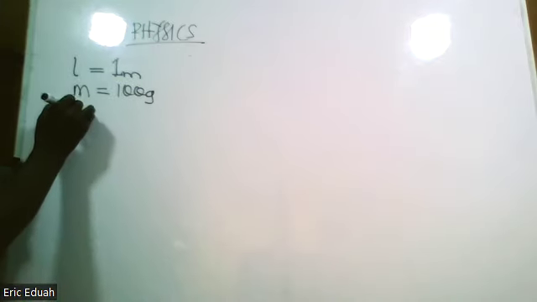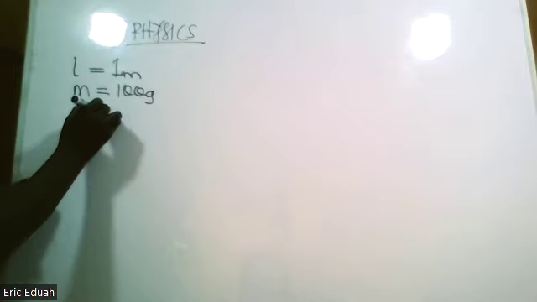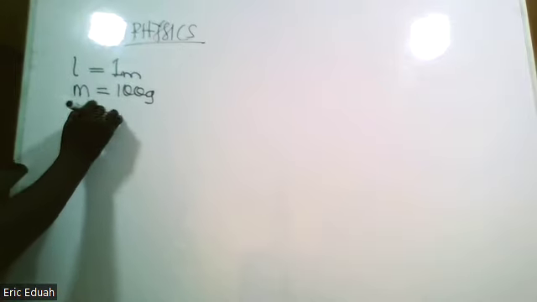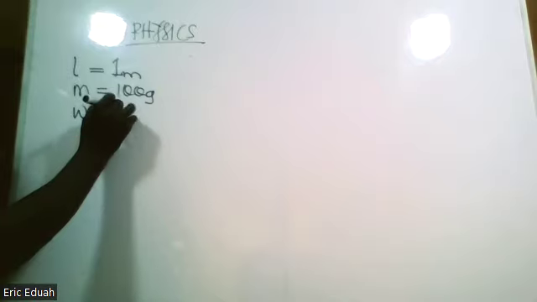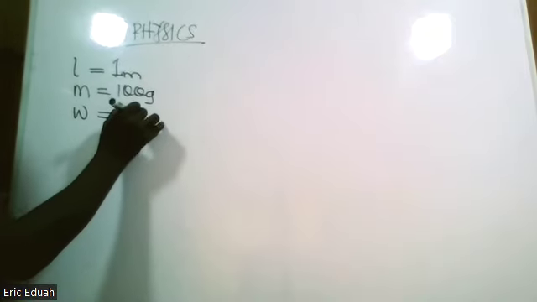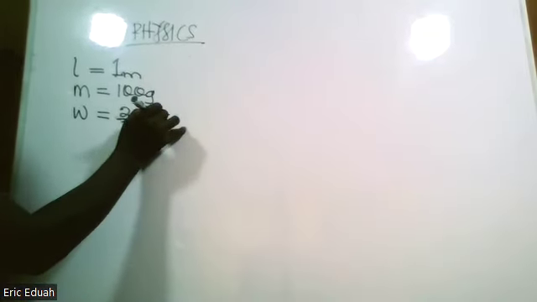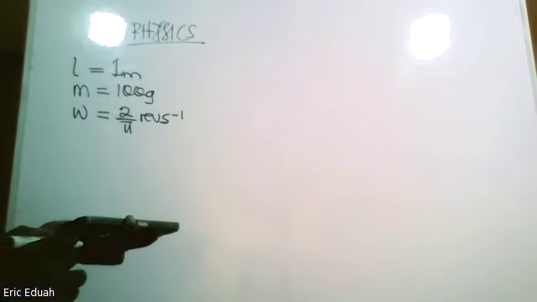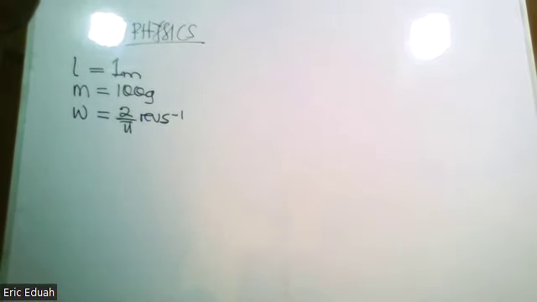So if it is 2 over pi revolutions per second, then this is the angular velocity, around a vertical axis. Please, is it not 2 over pi rad per second?